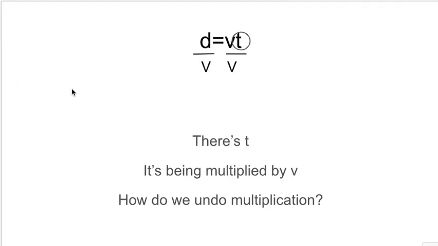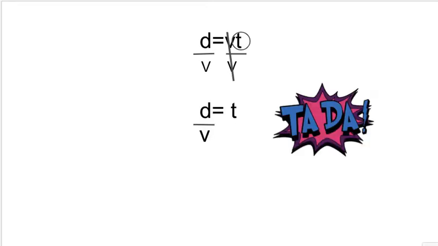Here's T. It's being multiplied by V. We undo the multiplication by dividing both sides by V. We do that on both sides. We notice that those V's are going to cancel out. And look at that.